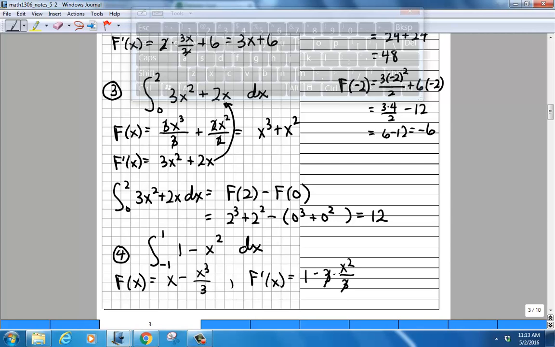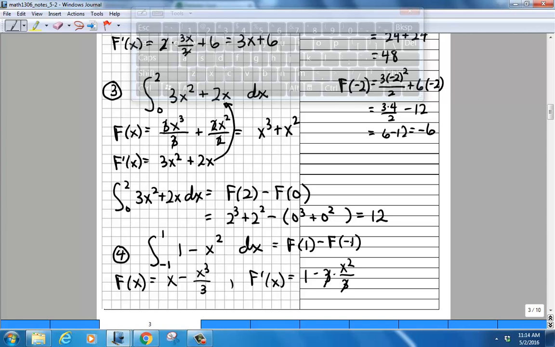So that's the antiderivative, x minus x cubed over 3, and then to evaluate the actual integral, you have to take capital F of the upper limit of integration, so F of 1, and subtract off capital F of minus 1. Be sure you're subtracting off the capital F of minus 1.